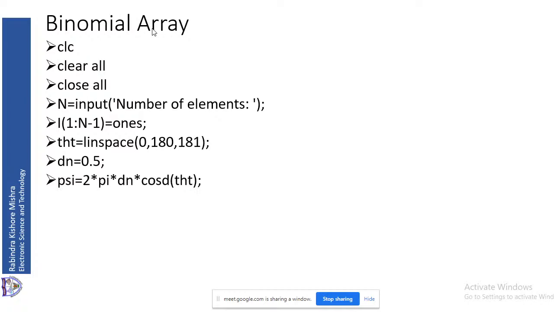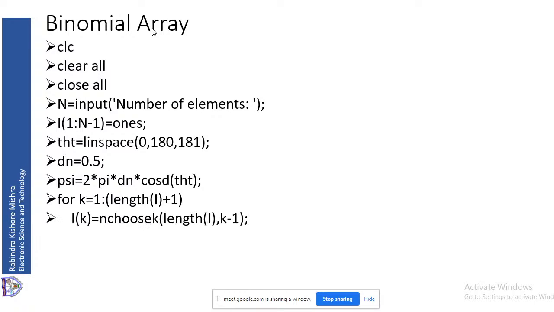Psi, we have already seen how to write psi, so that goes there. Then for k is equal to 1 to length of L plus 1, because L is 1 to n minus 1, we have taken n minus 1 elements, and that is why the length of L plus 1 gives the total number of elements n. So k is equal to 1 to n.